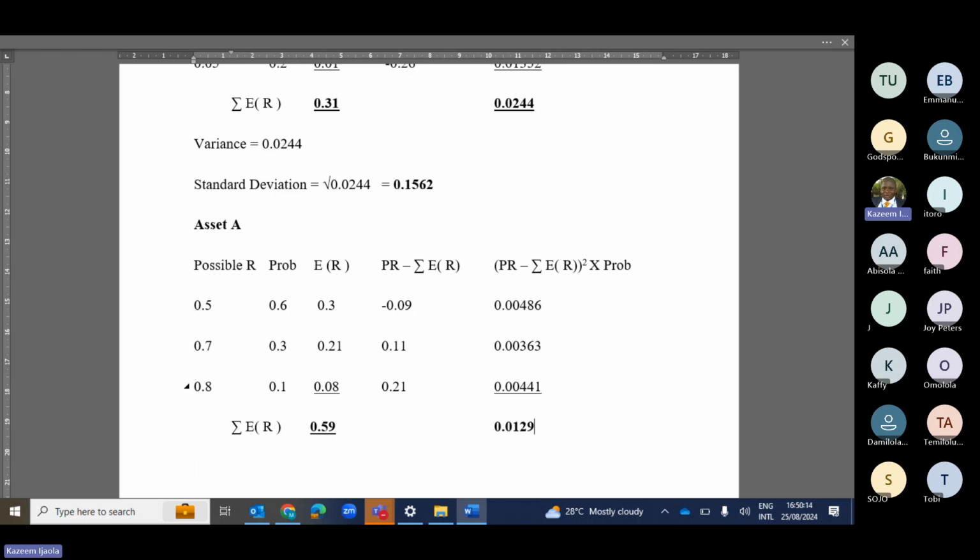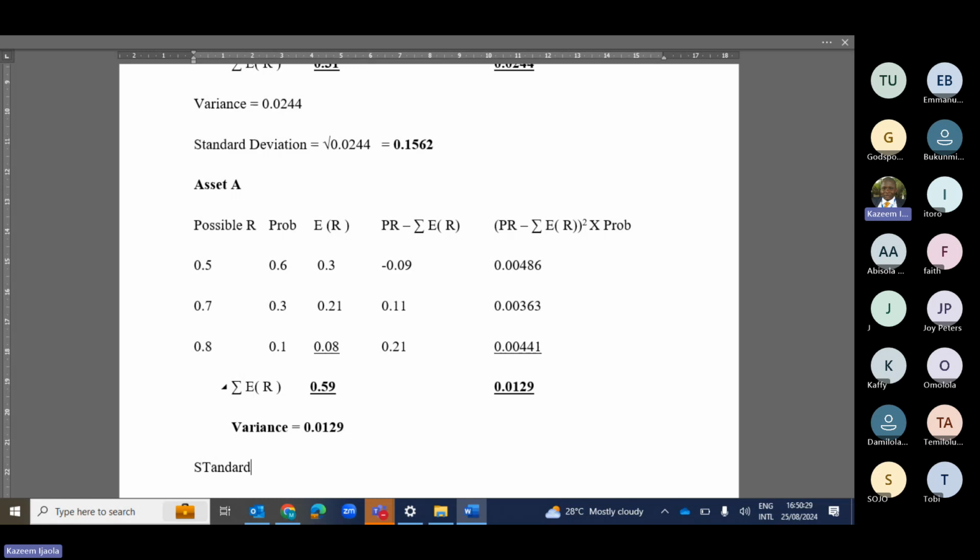So this answer here is the variance. Your variance is 0.0129.